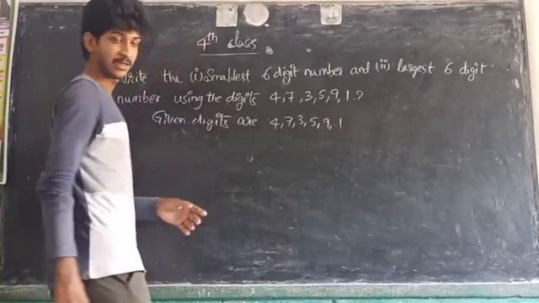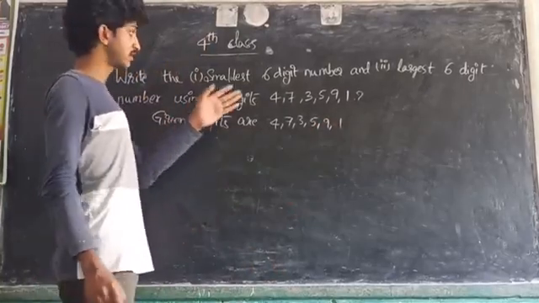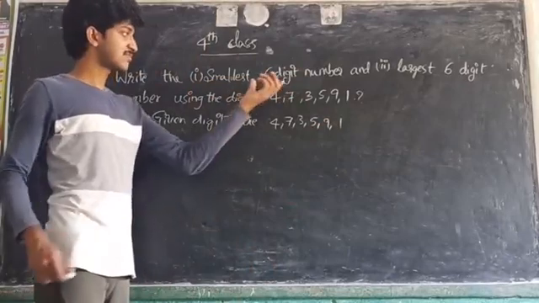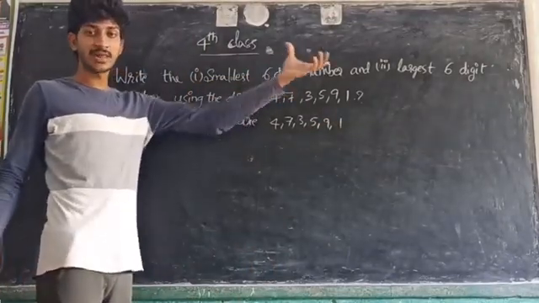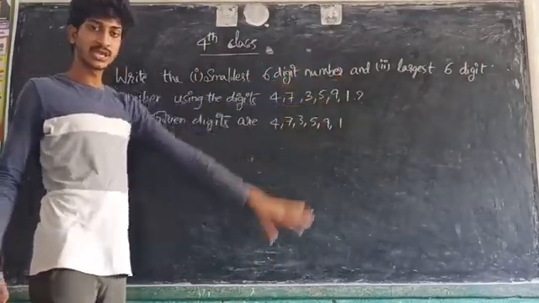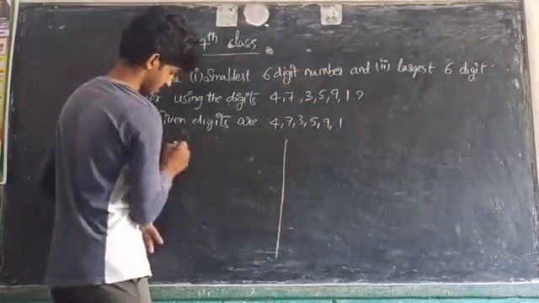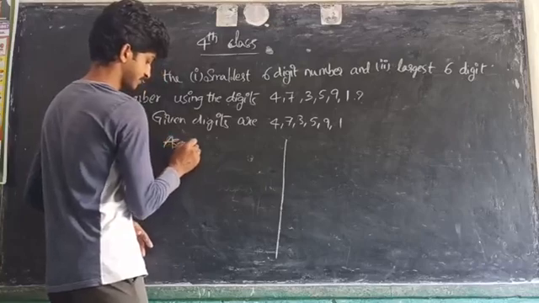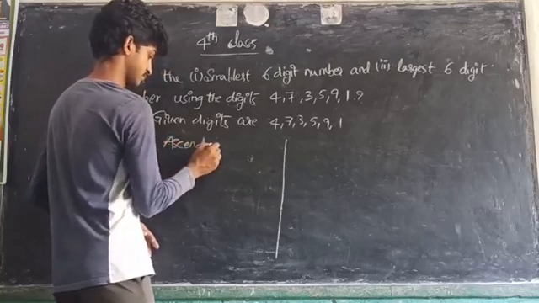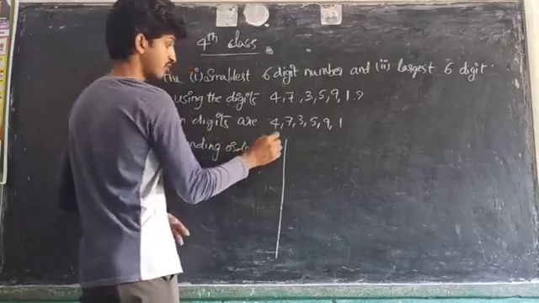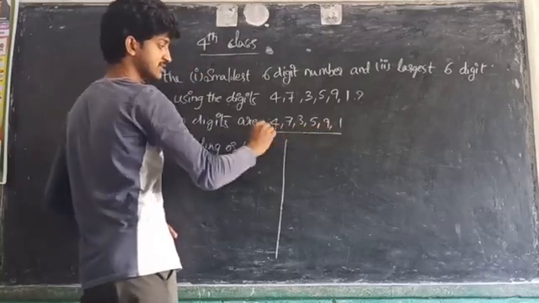First of all, for the smallest number we have to use ascending order, and for the largest number we use descending order. So write the ascending order for these 6 digits.